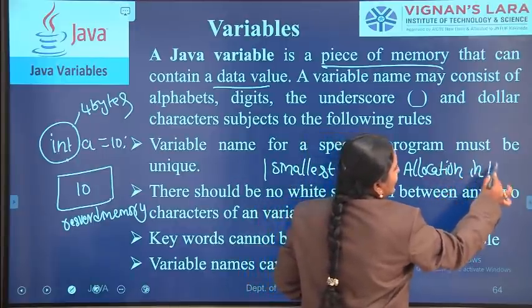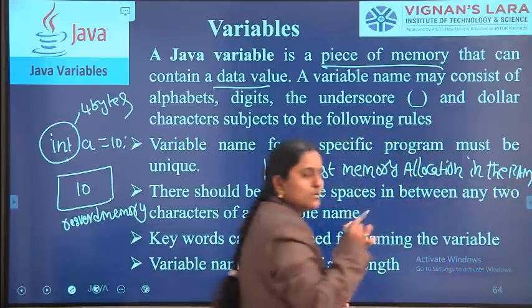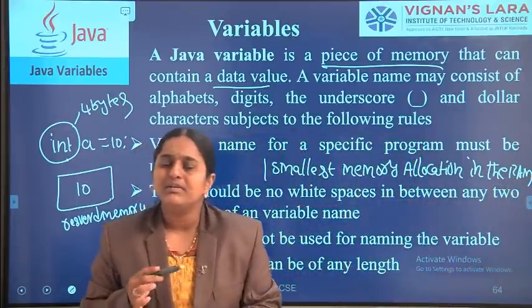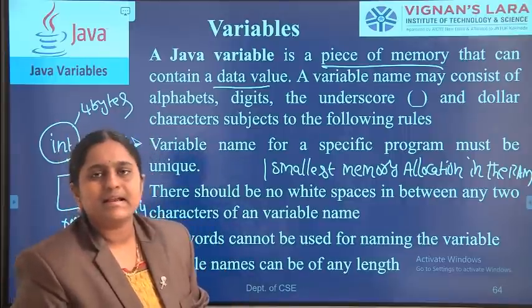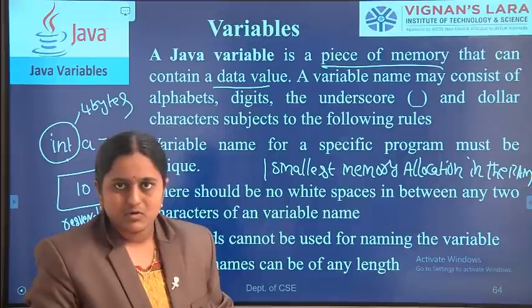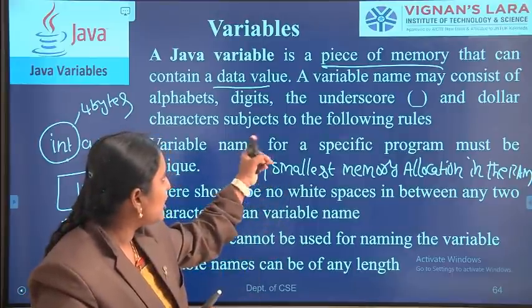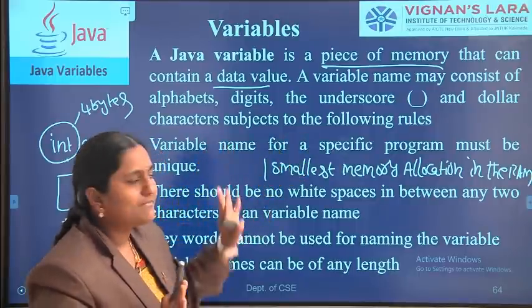Whenever we want to define a variable in our programming, it allocates the memory. So variable means smallest memory allocation in the RAM. That is nothing but the definition of a variable: it is a piece of memory that can contain a data value.